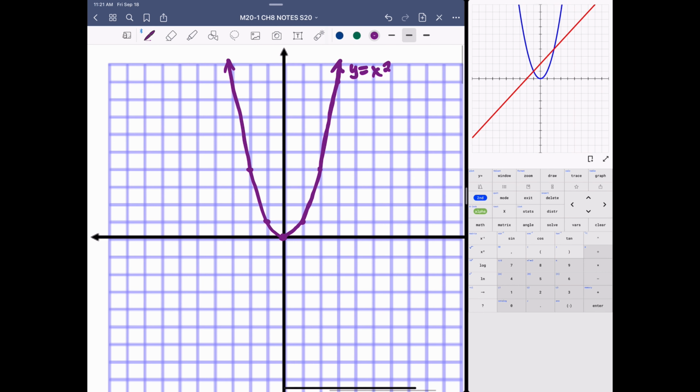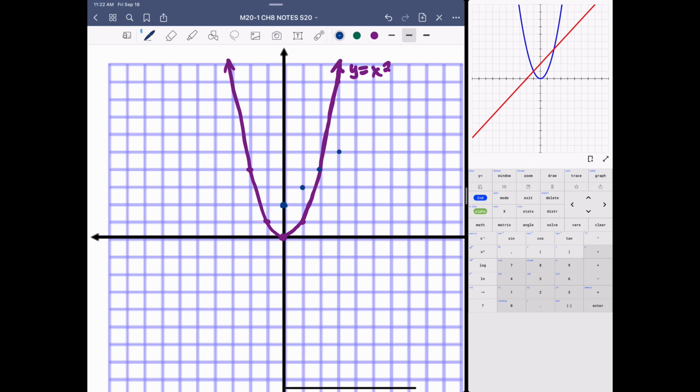Y-intercept at 2, I'm going to change my color. Y-intercept at 2, slope is +1. So as we move to the right, we are going up 1 and over 1. So up 1, right 1, put a dot, up 1, right 1, put a dot, up 1, right 1. If you want to go down, you go down and left.